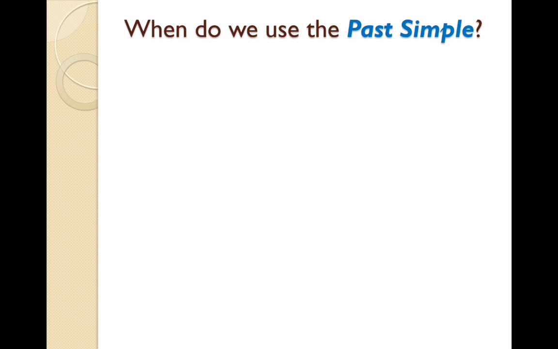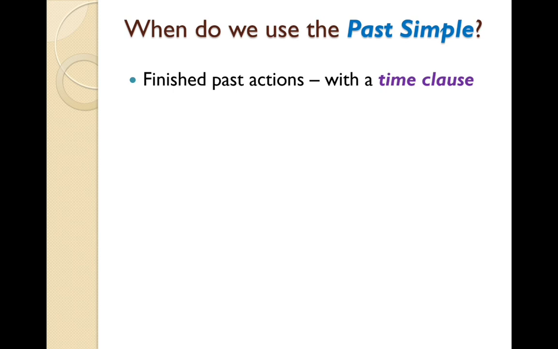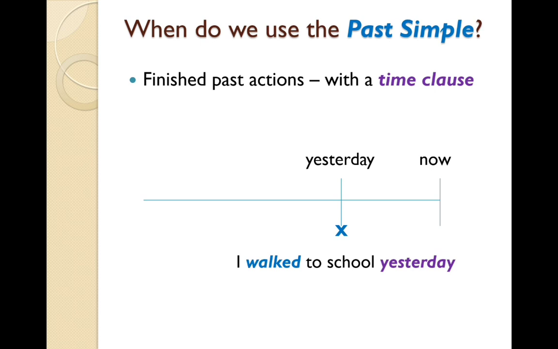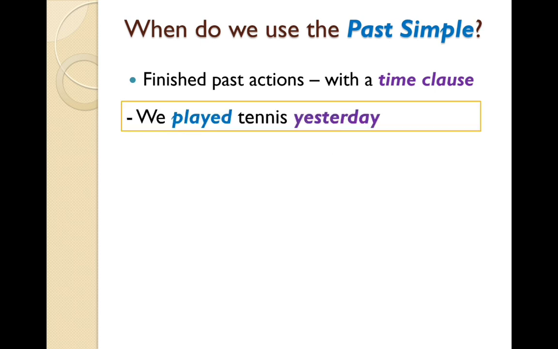When do we use the past simple? For finished past actions with the time clause. A time clause is a word or short phrase that tells you when an action was completed. I walked to school yesterday. We played tennis yesterday.